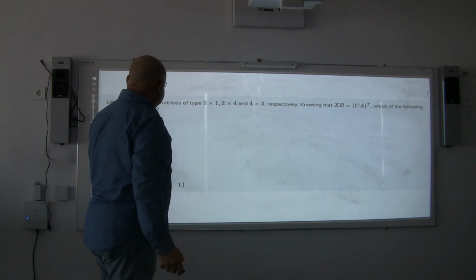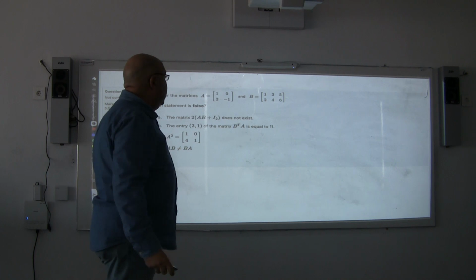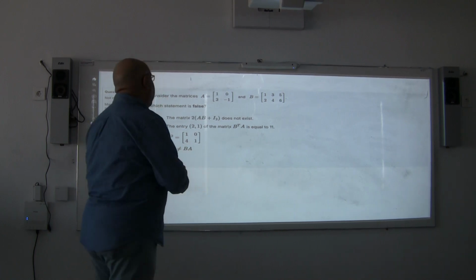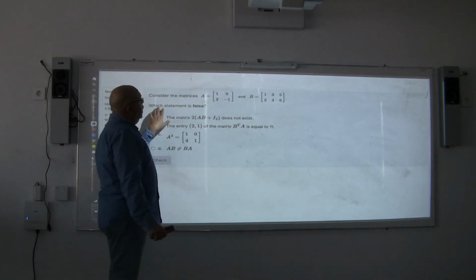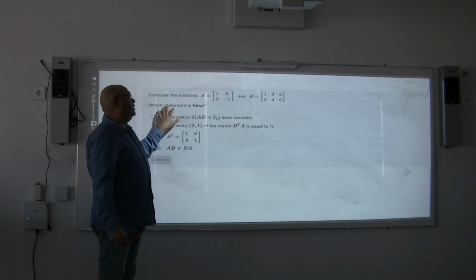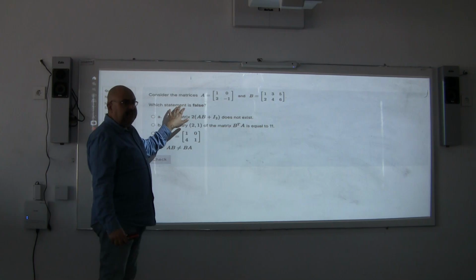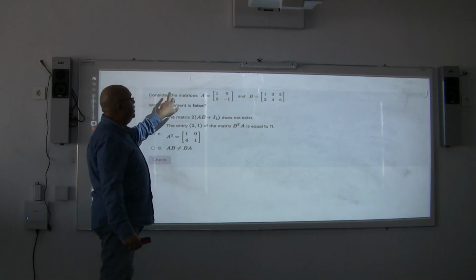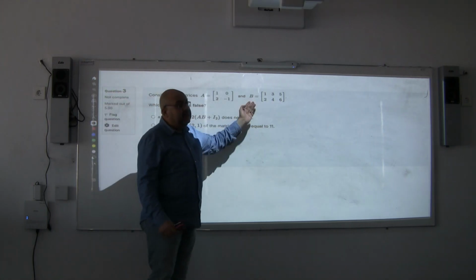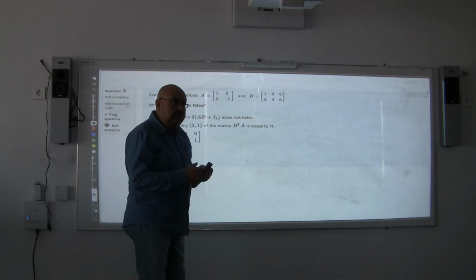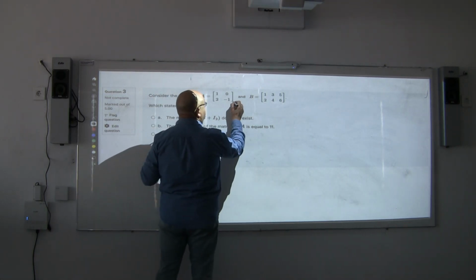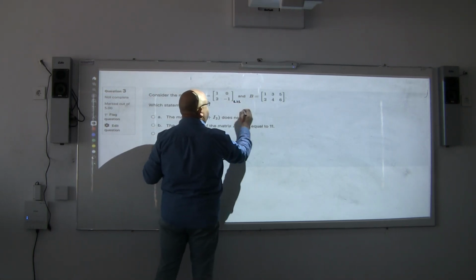One of the questions that usually I'm not very good with myself are the questions targeting which false statement is given. Let's read this question. He is saying to you, Mr. Hazim, consider the matrices A and B. Whenever you have a 'then' or something, try to take care of it or keep it in mind. This is a 2 by 2 matrix.